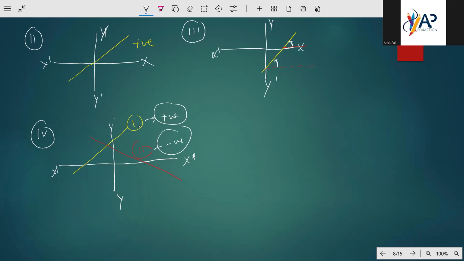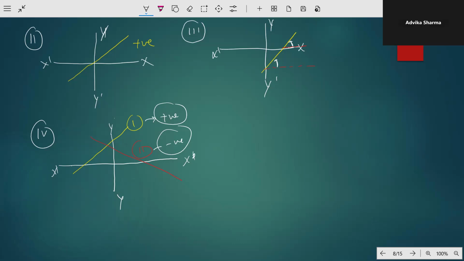How can you tell me whether the graph is positive or negative? The first graph is positive because the angle is less than 90 degrees, and the second graph is negative because the angle is greater than 90 degrees. Yes, good. I think there is no doubt regarding whether the graph is positive or negative. You can easily find out.